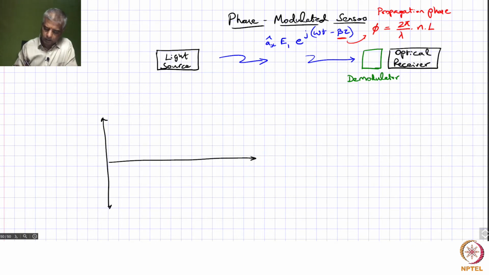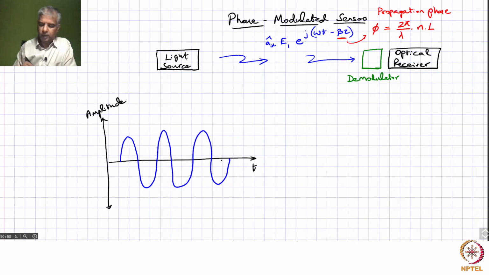Typically, let us say we are looking at it as a function of time, the amplitude of this wave that is going to the receiver, and that is a sinusoidal waveform that is incident on the photodiode.